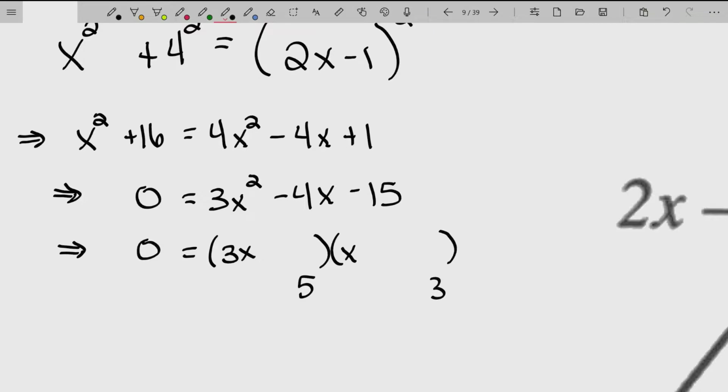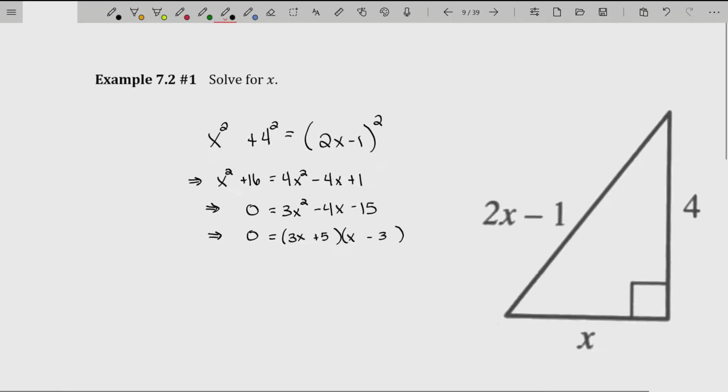Well, if we force this one to be negative and this one to be positive, while we get the negative 15, we get negative 9 plus 5. No, yeah, actually that does work. I thought it wouldn't, but it actually does. So that's perfect. So we have two choices for x.